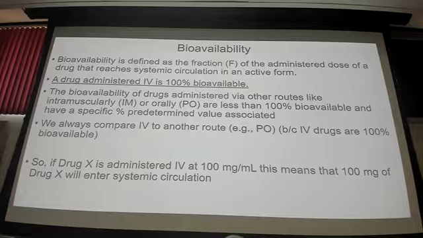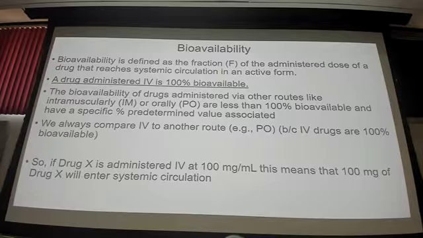So all drugs have a predetermined value of bioavailability for administration through routes besides IV. So oral, IM, sub-Q, all of those are predetermined based on properties of the drug. So we have an estimate of the amount of drug versus what's given, which will end up in the bloodstream.